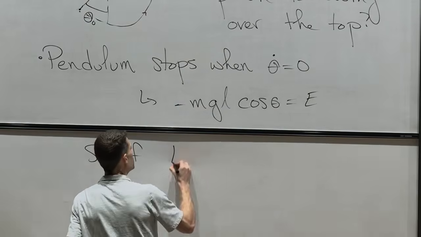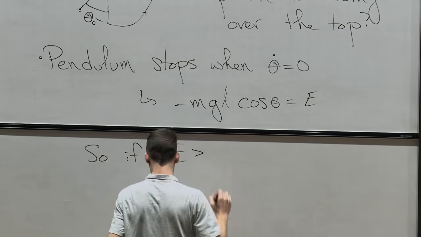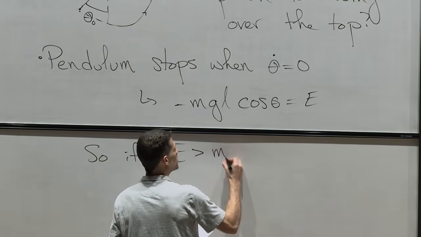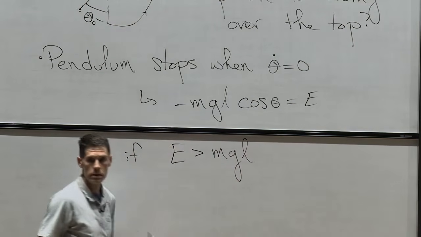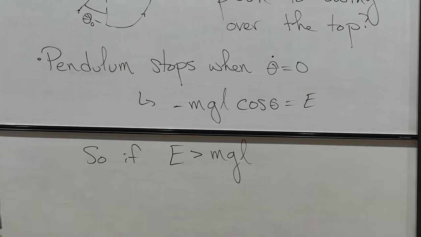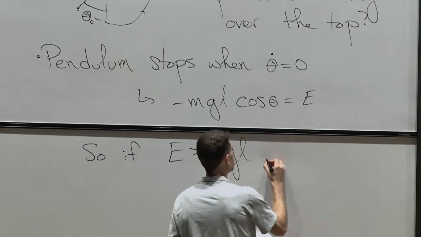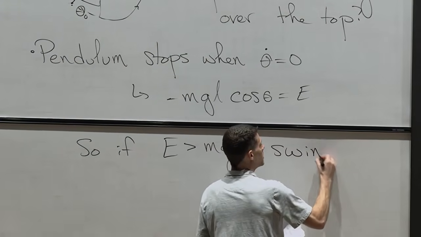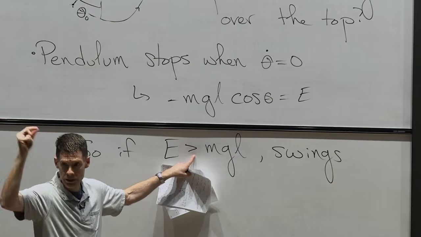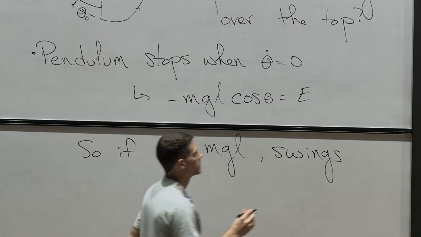So if E is greater than mgl, then our pendulum makes it all the way to the top and still has a little bit of energy. In fact, if E is greater than mgl, I don't just make it to the top, I swing a little bit over the top.